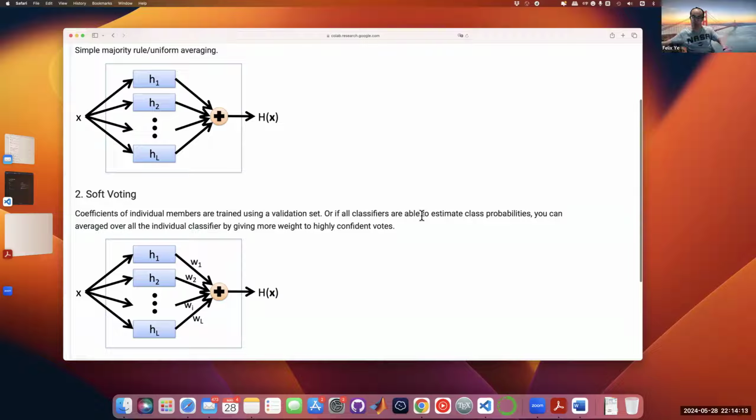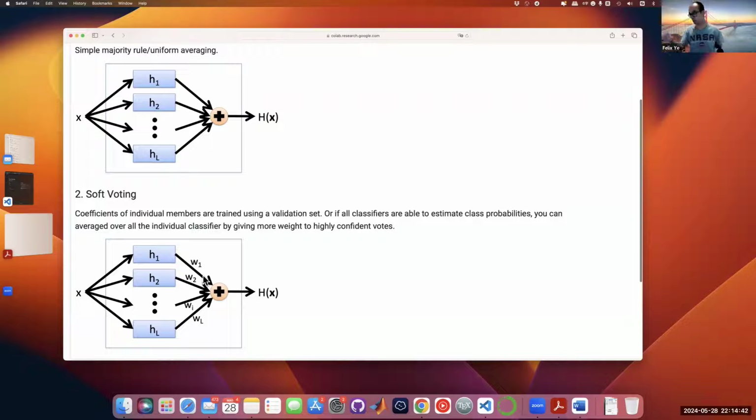So what you can do is average out these classifiers. Instead of uniformly, you can give more weight to those highly confident votes. For example, for H1, if the probability is 0.99, you can multiply by 0.99 as your weight when you do this ensemble.